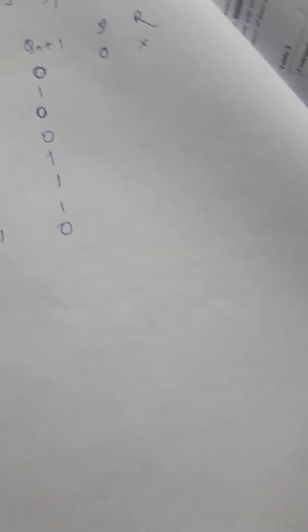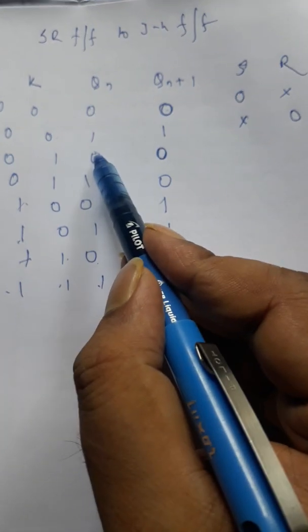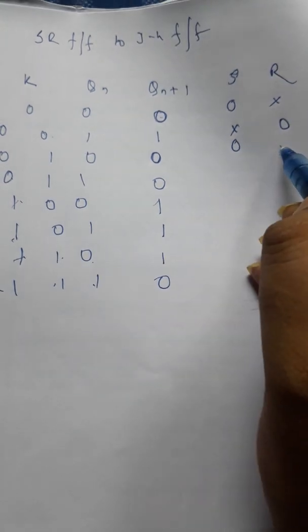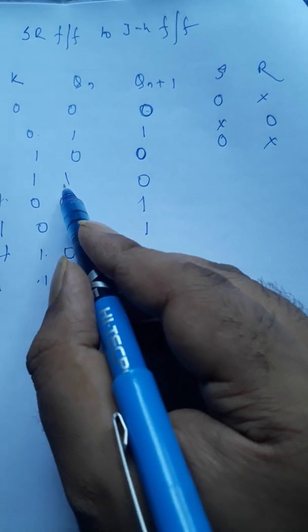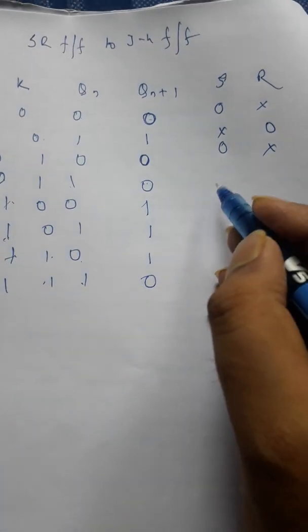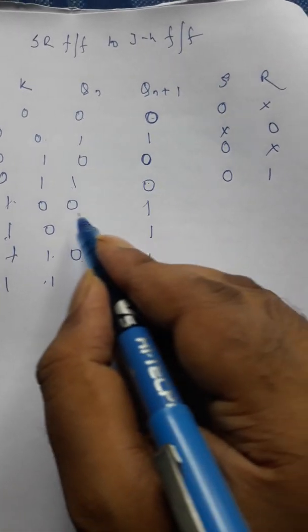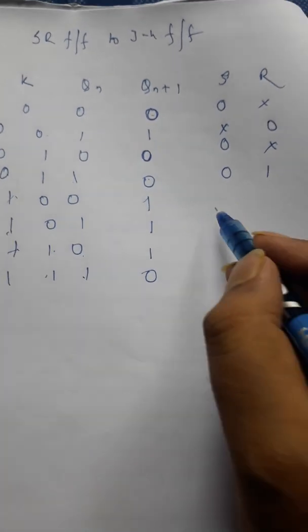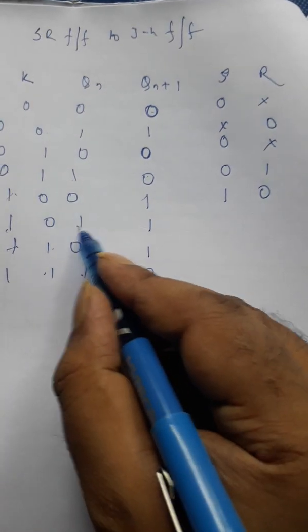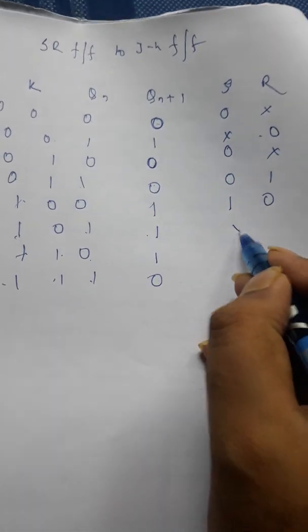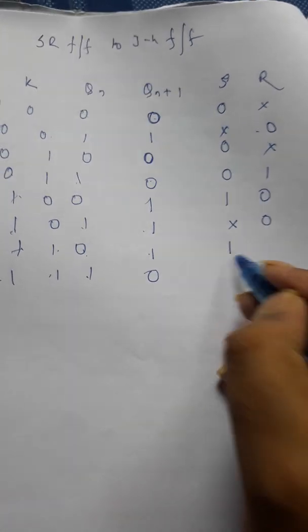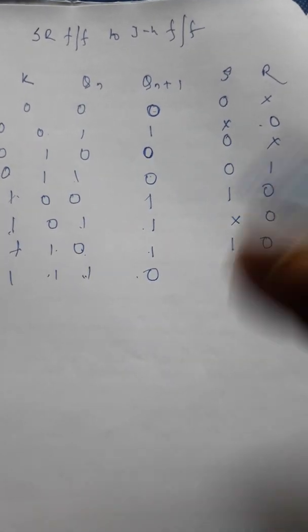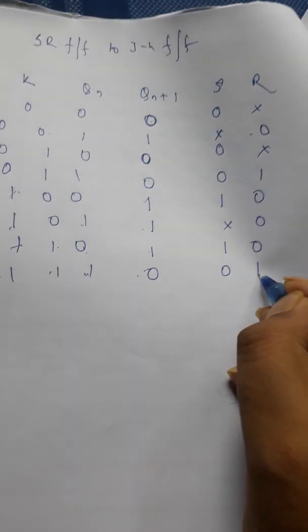If it changes from 1 to 0, it has become 0, so it is a reset condition. 0 to 1 means it has become 1, so it's a set condition. 1 to 1 again is don't care, 0. 0 to 1 means S 1, R 0. And 1 to 0 means it has become 0, so S 0, R 1.